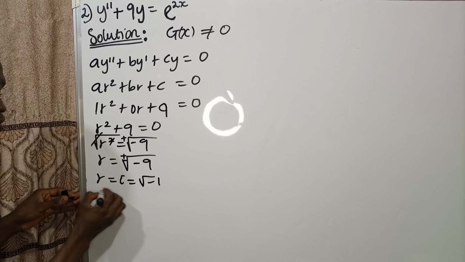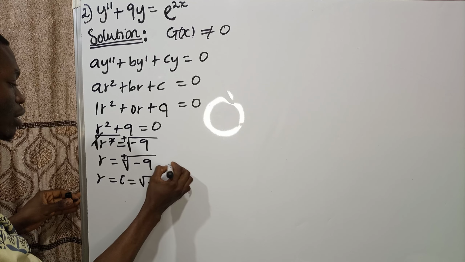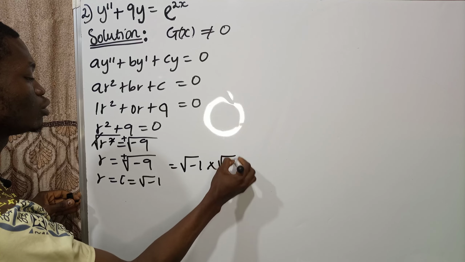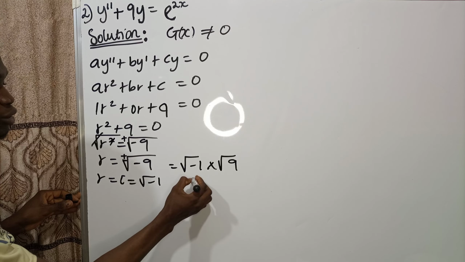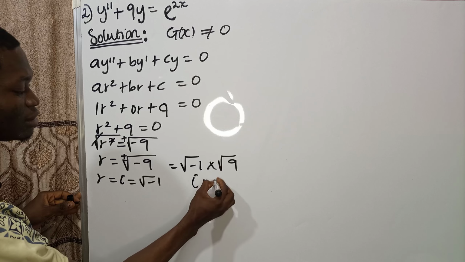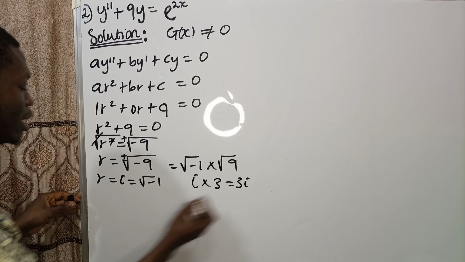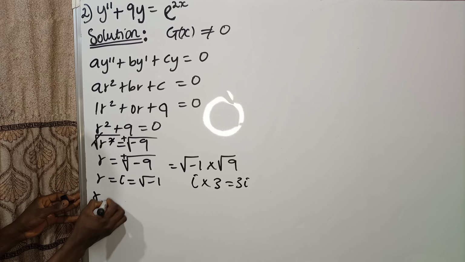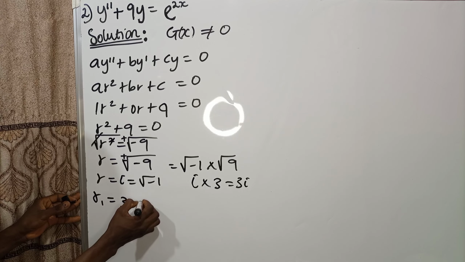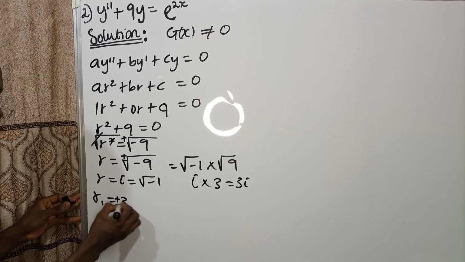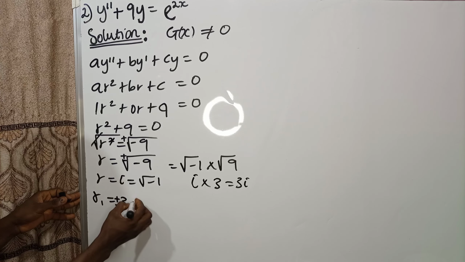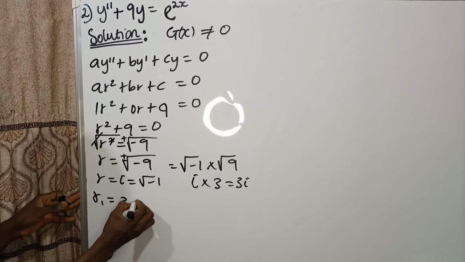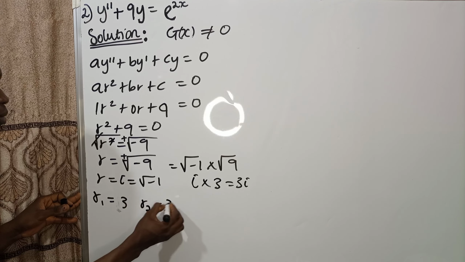So this is the square root of -1 times the square root of 9, and the square root of -1 is i, times 3, which is 3i. So r is equal to plus or minus 3i. Remember your plus or minus. So r1 is 3i and r2 is -3i.